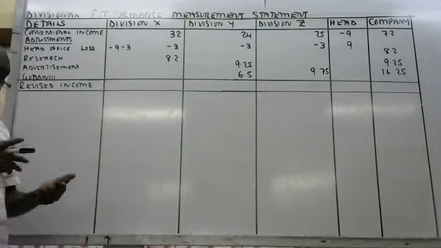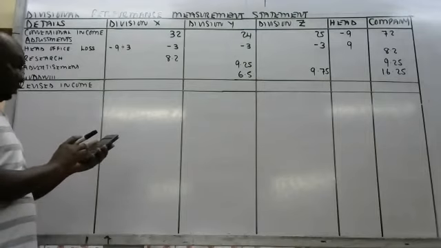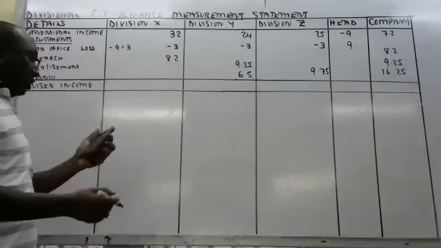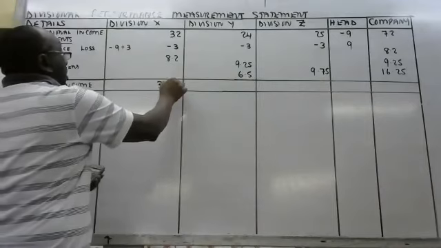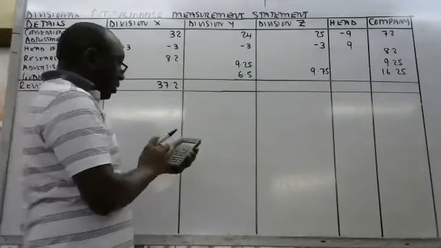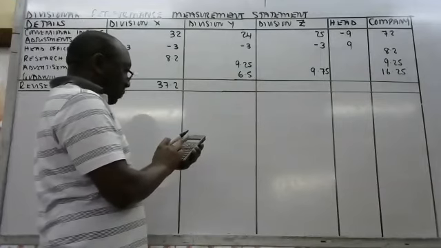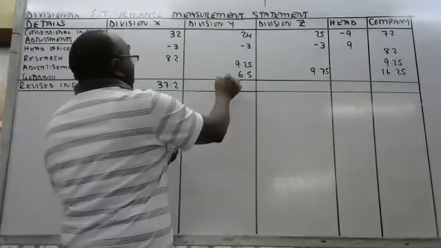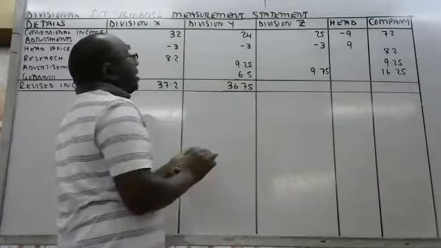If you do the adjustments, you should be giving me 2 minus 3 plus 8.2, that's 7.2. Then 24 minus 3 plus 9.25 plus 6.5 is 6.75.